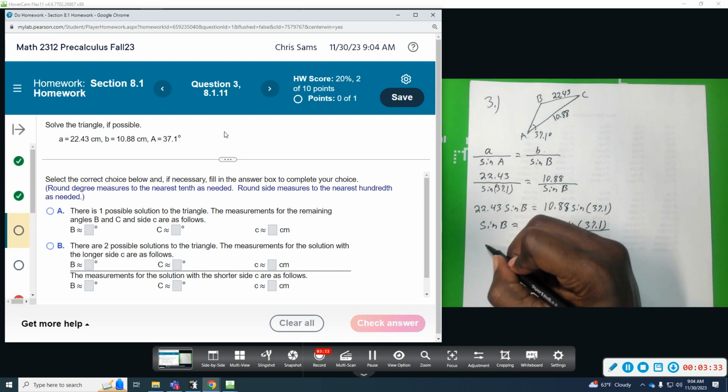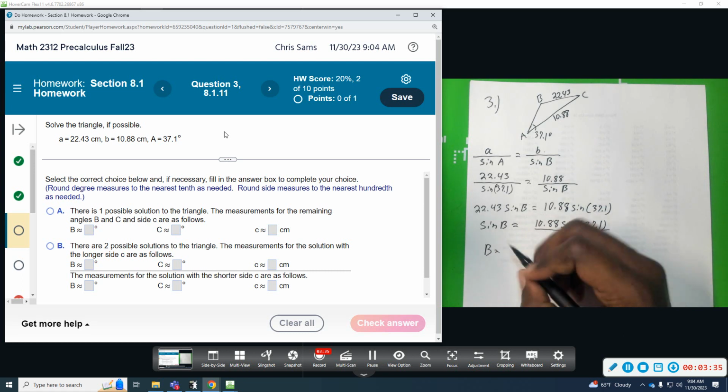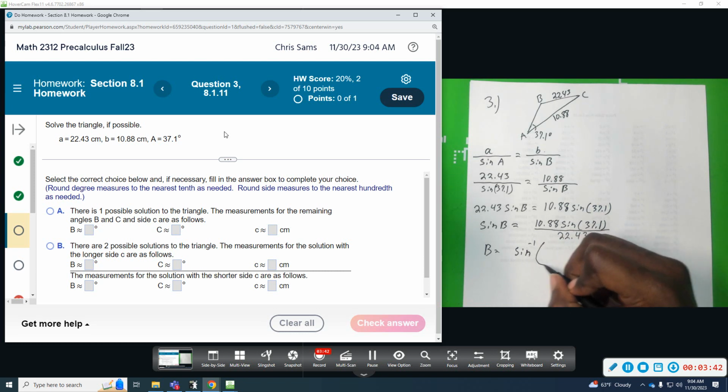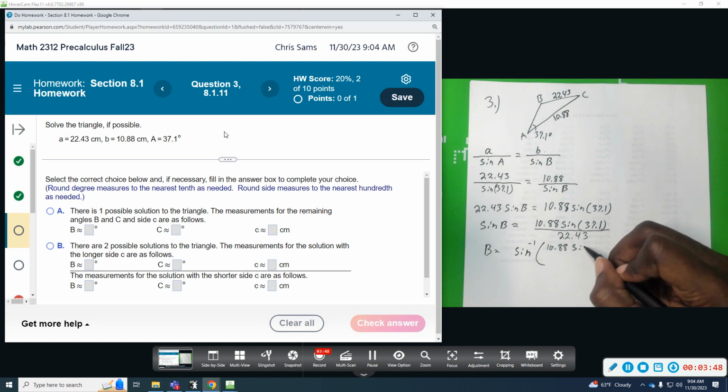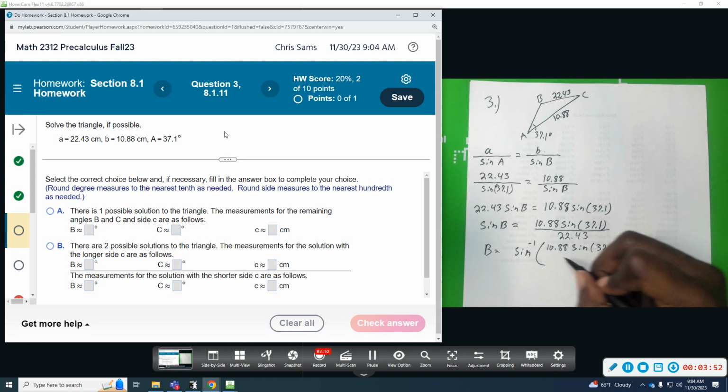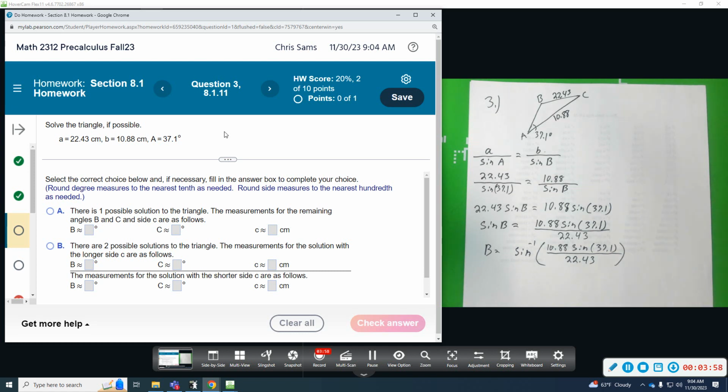So we're going to say angle B is equal to the inverse sine, the sine to the -1 up there, of 10.88 sine 37.1 all divided by 22.43. Okay, so we're going to put this in.